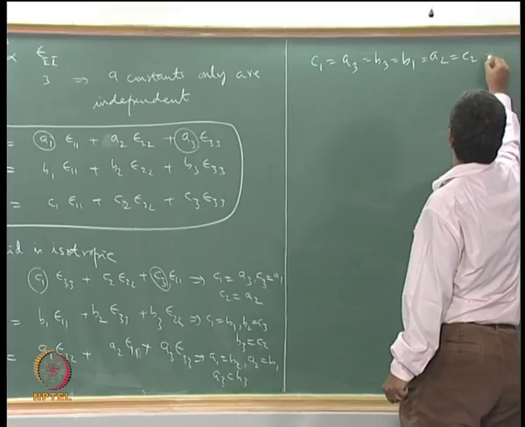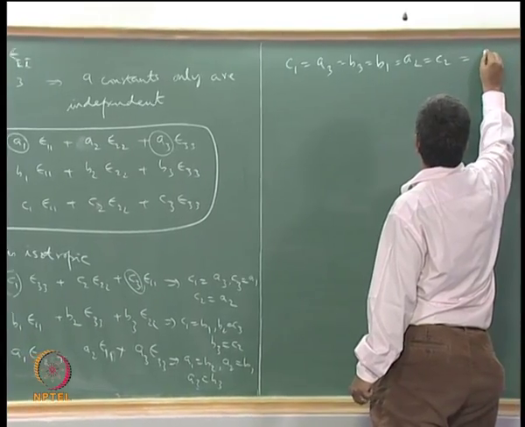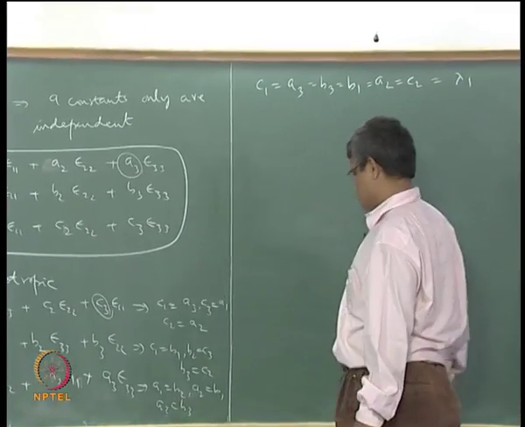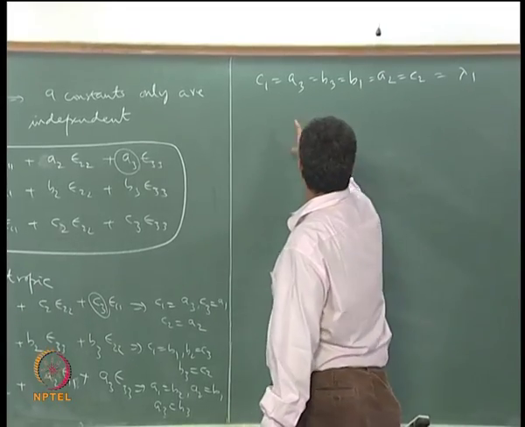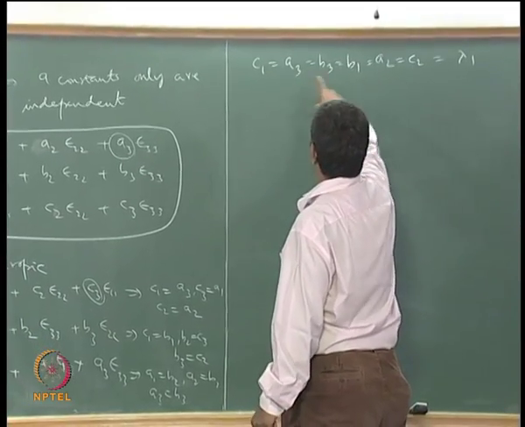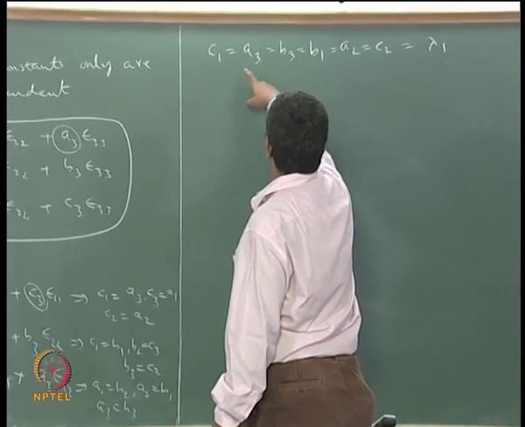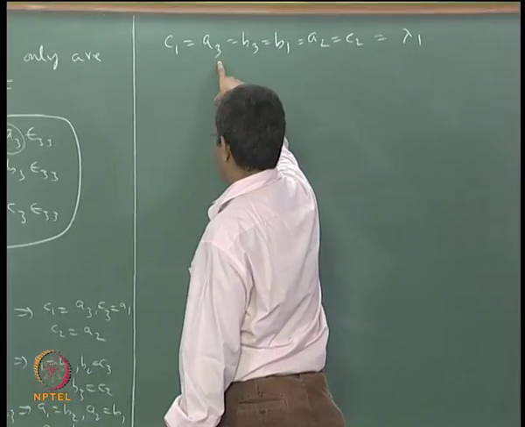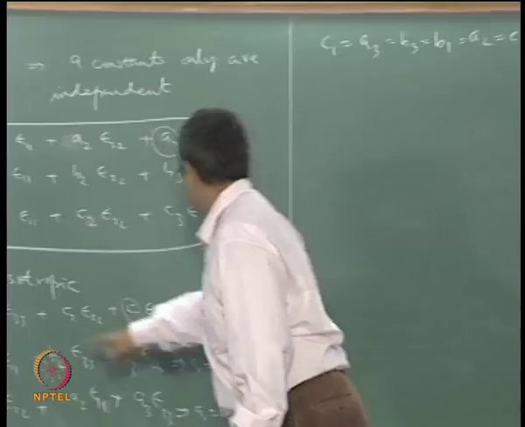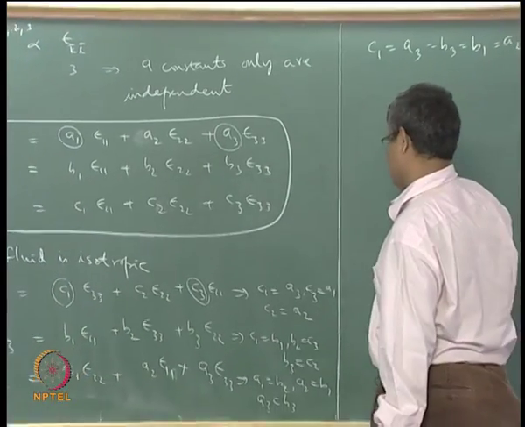So let us call this some lambda 1, okay, and we have C1, A3 and, let us look at C2.